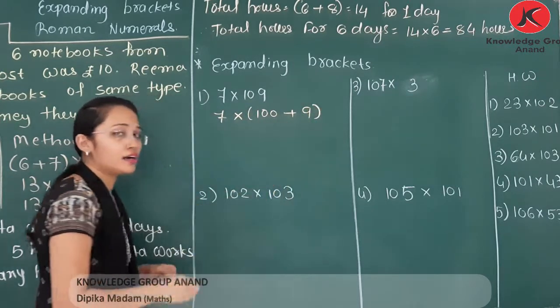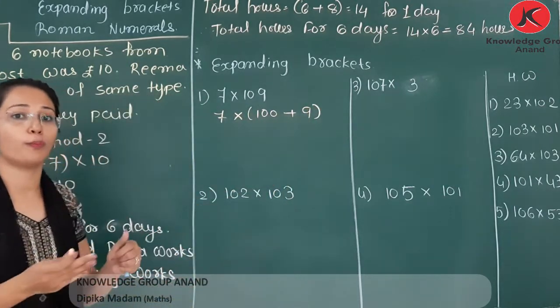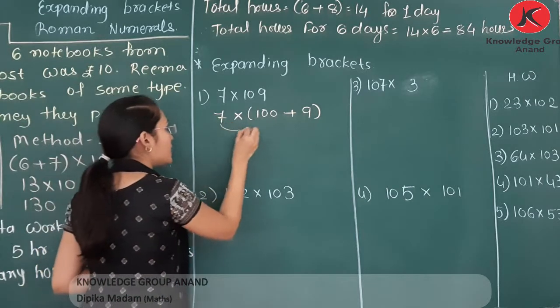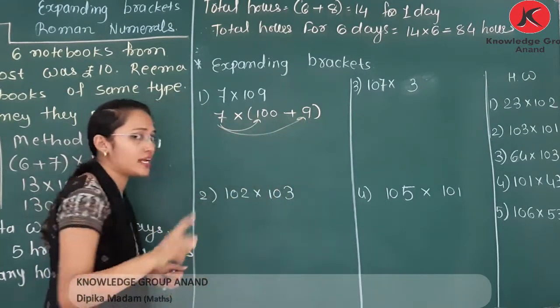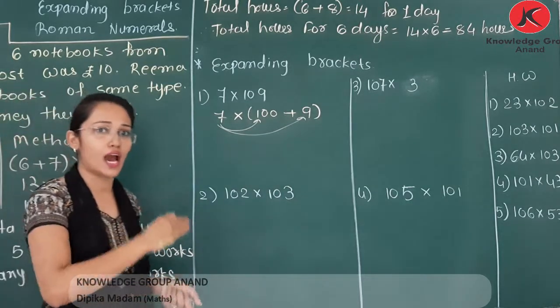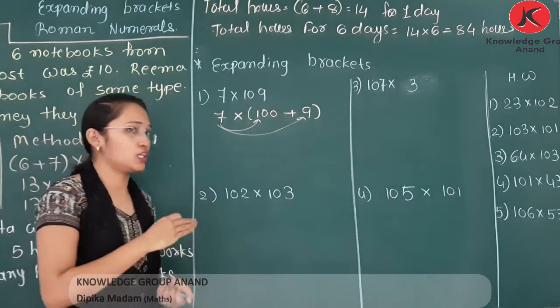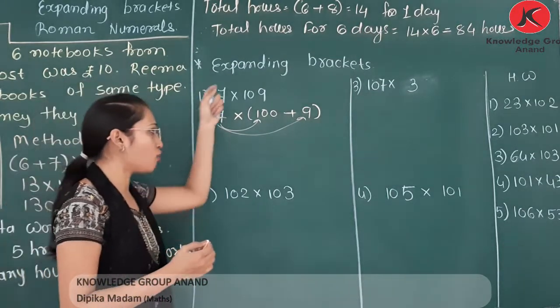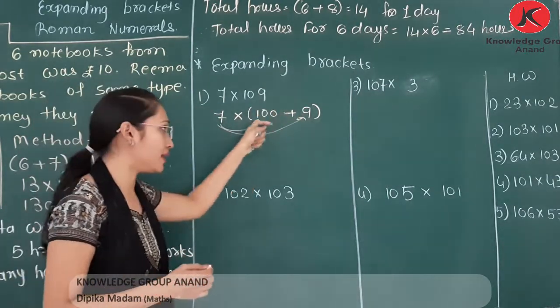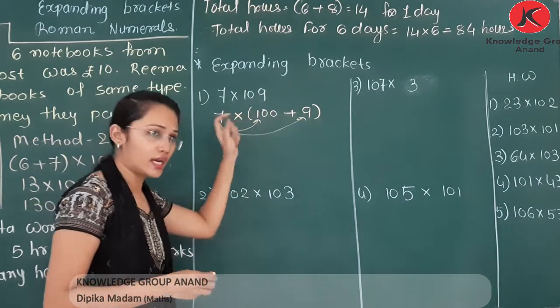This is the bracket. Now expanding the bracket means open the bracket. Here 7 is multiplied with 100 and 7 is multiplied with 9. If there is a bracket, then the number that is outside in multiplication will be multiplied with both numbers inside the bracket.